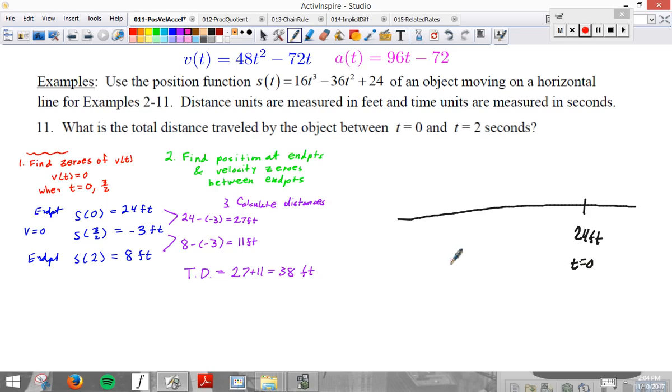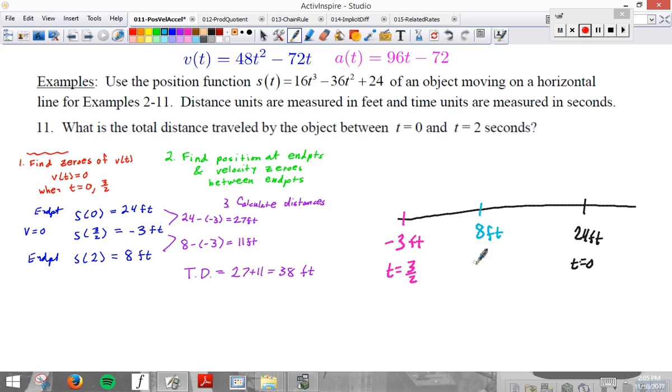The ant then travels all the way to 3 feet to the left of where we're observing. Negative 3 feet. Because he's to the left of where we are observing. And all that time he was moving left. Finally, the ant arrives 8 feet to the left of where we are observing.